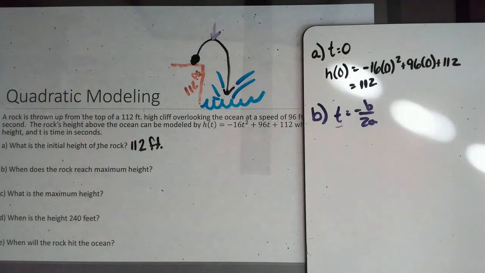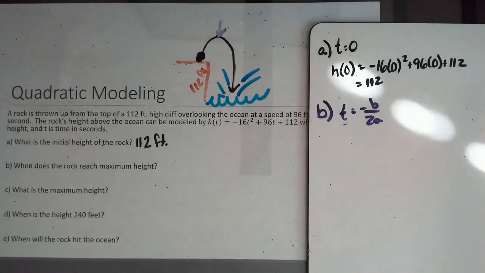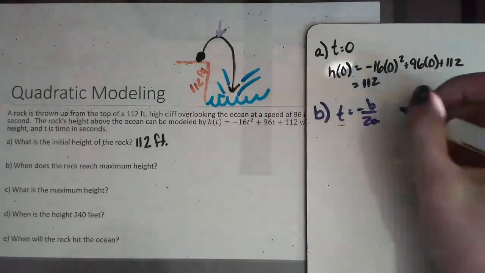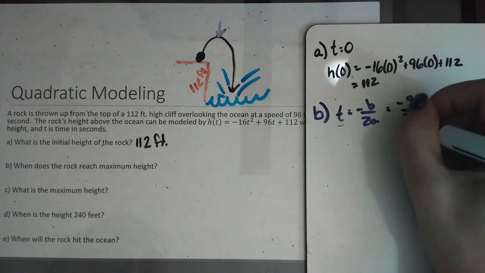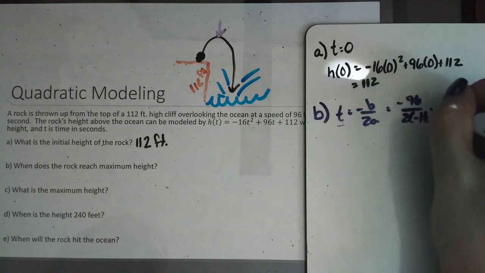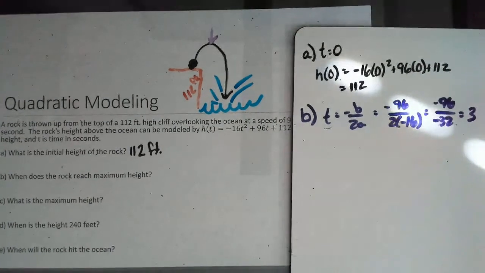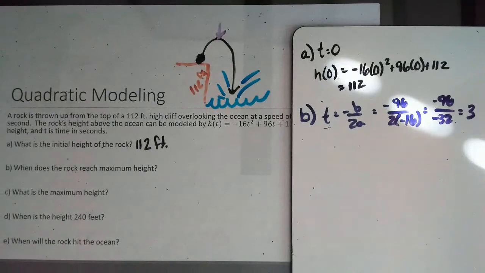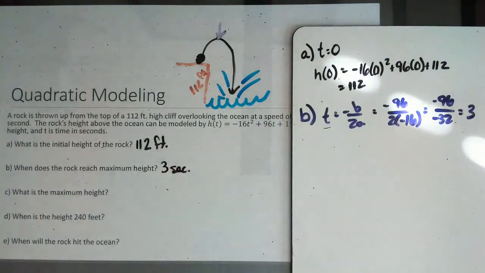Well, that's really convenient because we want to find the time that the rock reaches the maximum height, because it's asking when. So if I go ahead and plug stuff in, we'll have negative 96 over 2 times negative 16, which is negative 96 divided by negative 32, which is 3. Well, we were measuring time in seconds, according to the problem. The rock reaches the maximum height after 3 seconds.